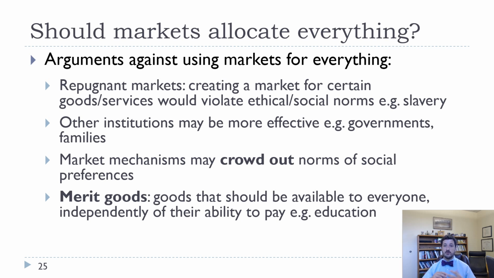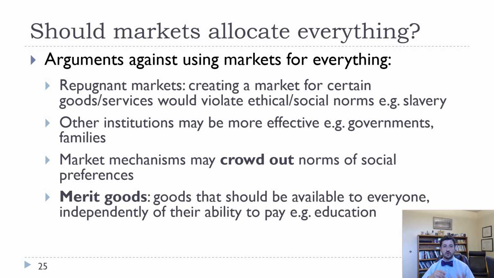Other institutions might be more effective in how things are allocated. That could be government, whether local, state, or federal. It could be families. It could be neighborhood organizations. There are a lot of other possible institutions, and that might allow us to get to a more effective outcome, even if it might not be as efficient sometimes.